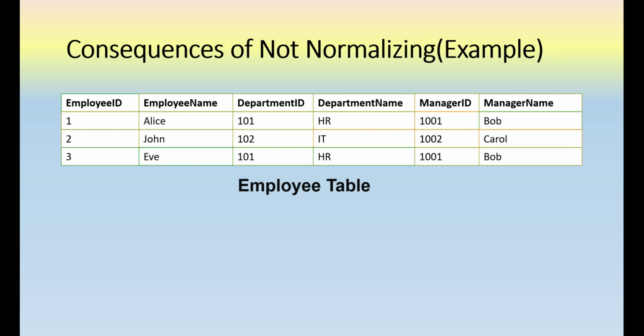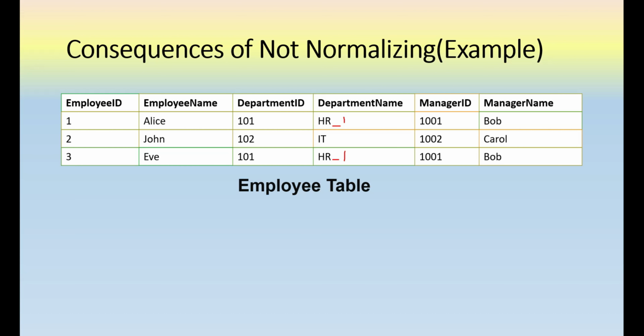So if this particular HR name changes to HR_1, it has to change here too, HR_1. Again, if you have 3 million or 4 million records, all those rows have to be updated, and even missing one particular row might lead to data inconsistencies.